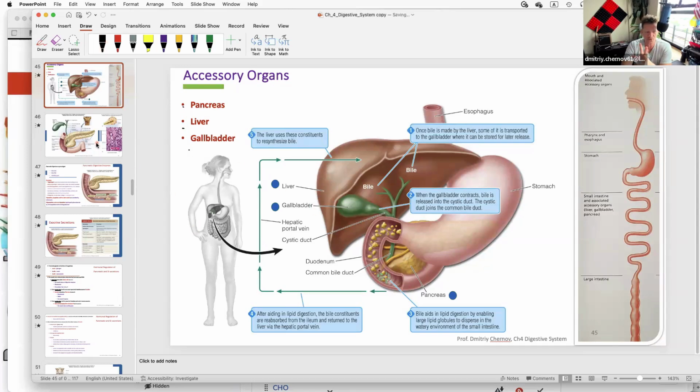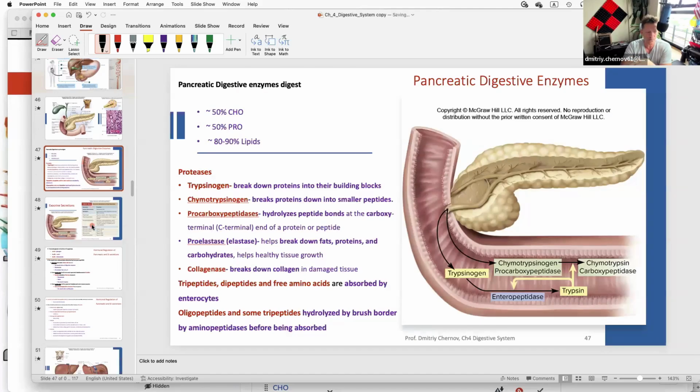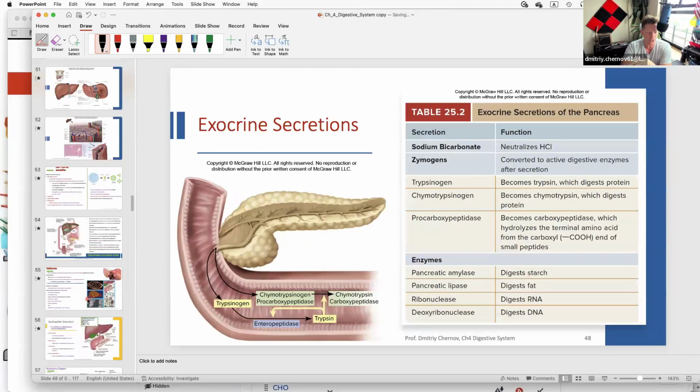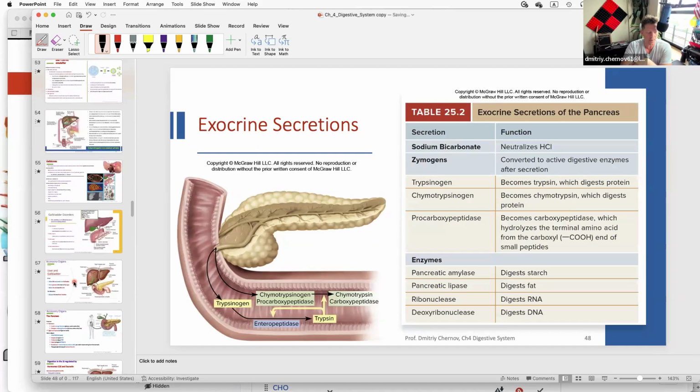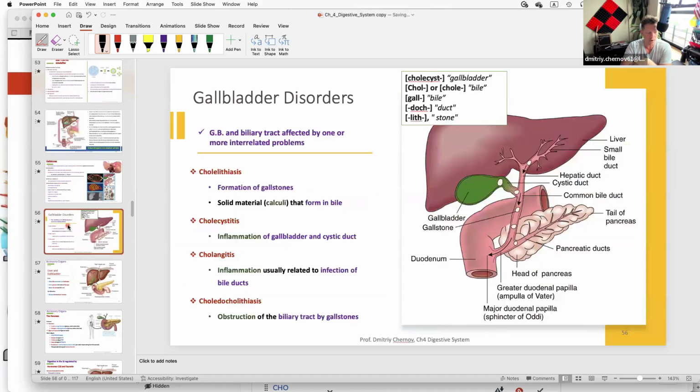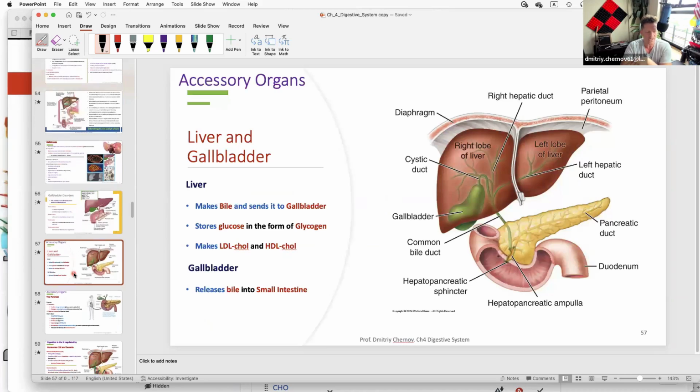For the purposes of this course, the only thing that is important for us is slide number 57. So the liver makes bile and sends it to the gallbladder. We will discuss this next in carbohydrates. And then the gallbladder releases bile into the small intestine when CCK acts on the gallbladder. For now, it's just this.